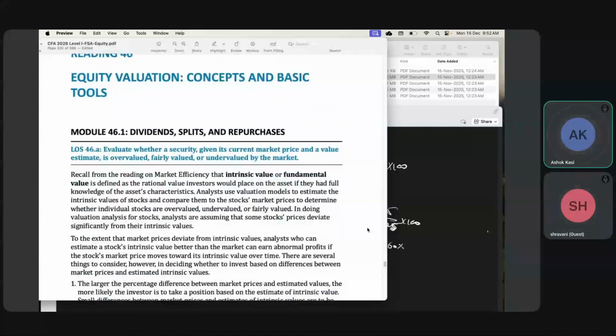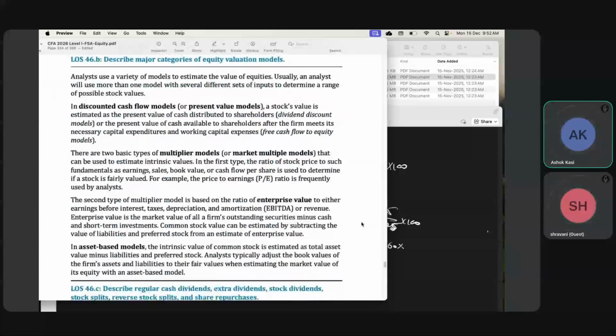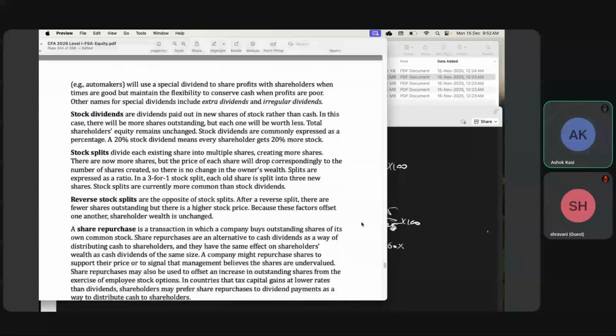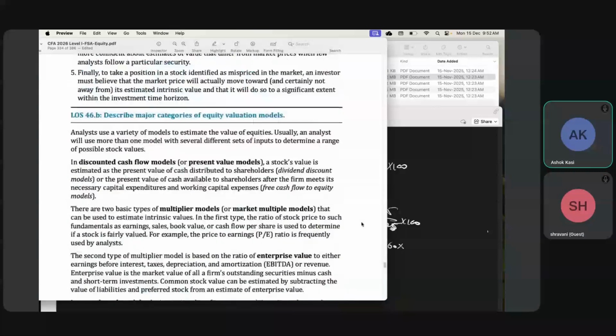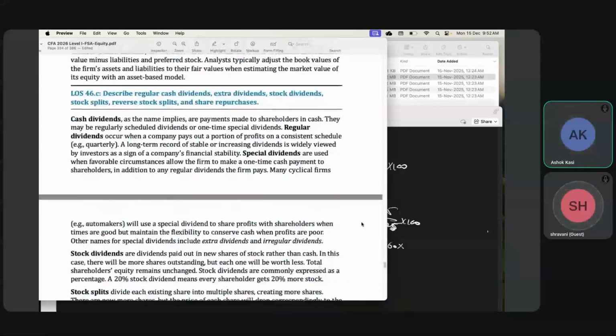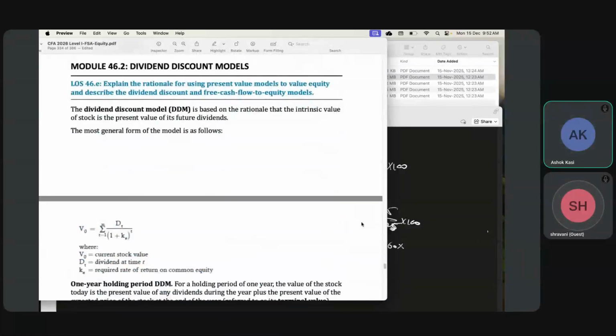Yeah, equity valuation concepts and basic tools. So here, these are the 4 methods. I think I can do this next time, because I think it is better if I do this all in one stretch. Because now the sums will all begin from here.